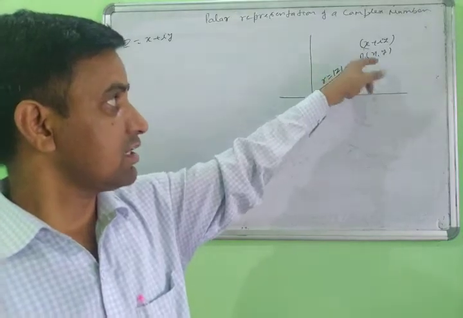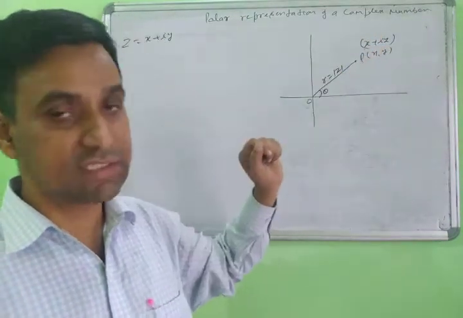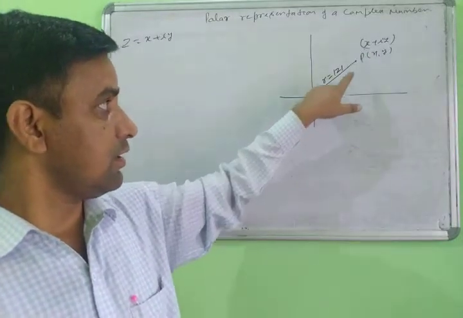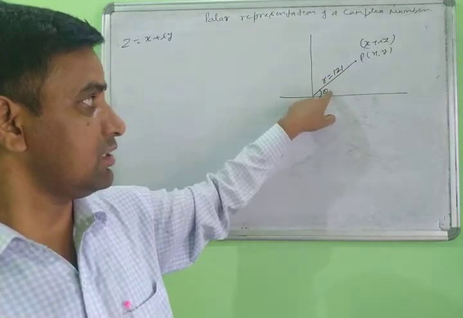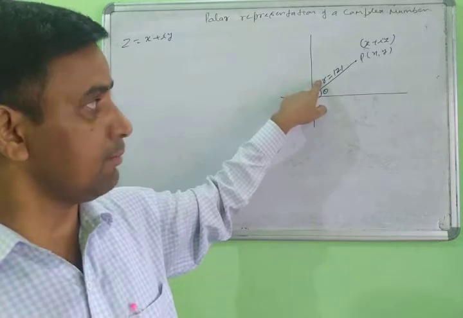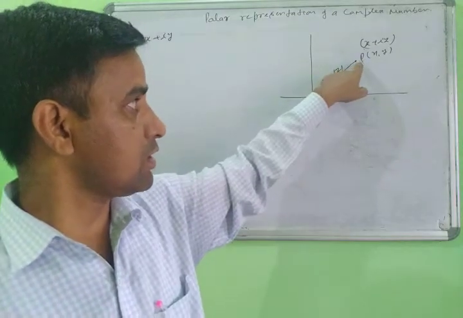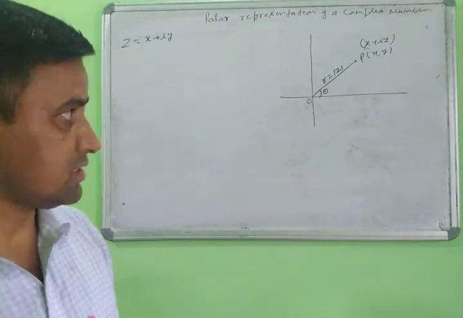First method: the complex number is given, then you directly represent this. Second technique: suppose the number is not given, but theta and r are given, then with the help of both you can draw the position of the point P. So there are two methods.